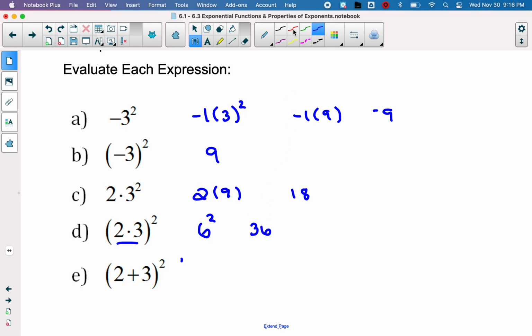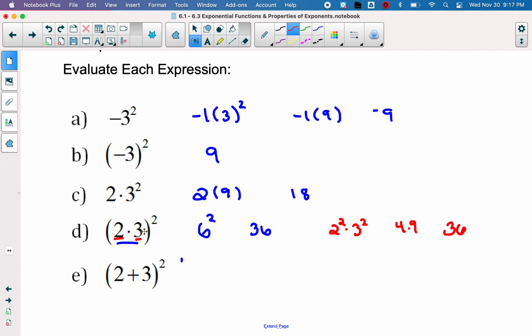However, other people might look at this a little differently and take each of these factors, 2 and 3, and raise each factor to the second power, leaving you with 2 squared times 3 squared, or 4 times 9, leaving you with the same value, 36. The blue process here is probably the quicker, better process in this particular case.